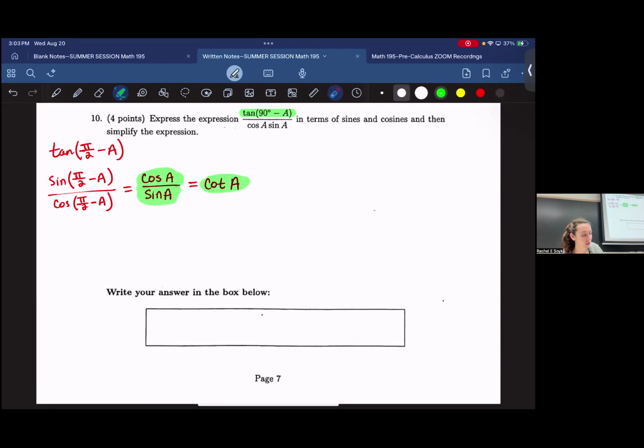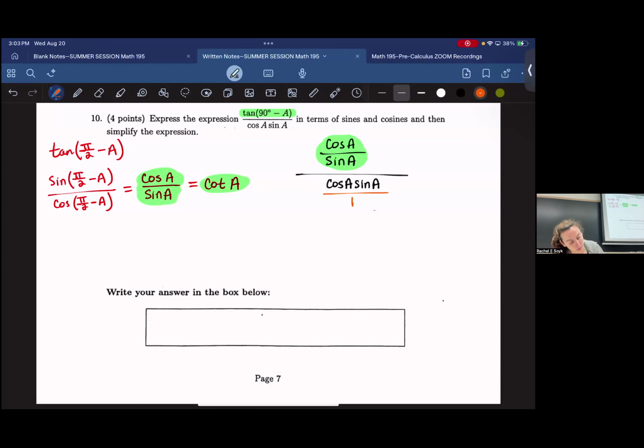We're going to have to eventually put it in terms of cosine and sine so that we can cancel out some stuff. So I think that's what I'm going to do. I have cosine a over sine a in my numerator, all divided by cosine a sine a, and as that as a fraction is just over 1, because we'll utilize our keep, change, flip.